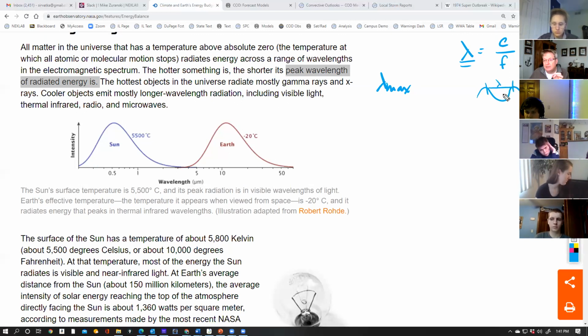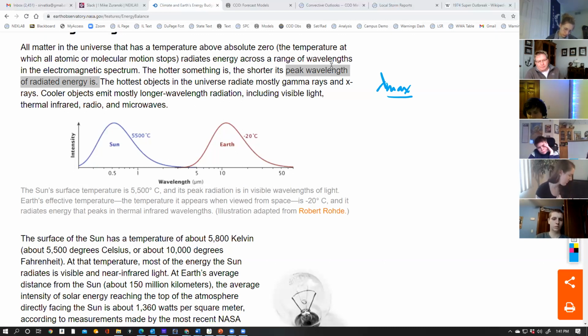That's lambda, and it's inversely proportional. I get that, right? But lambda is not what lambda max is. So it makes sense of that.